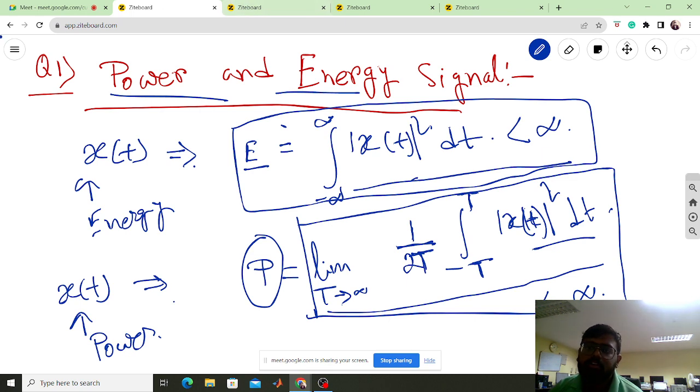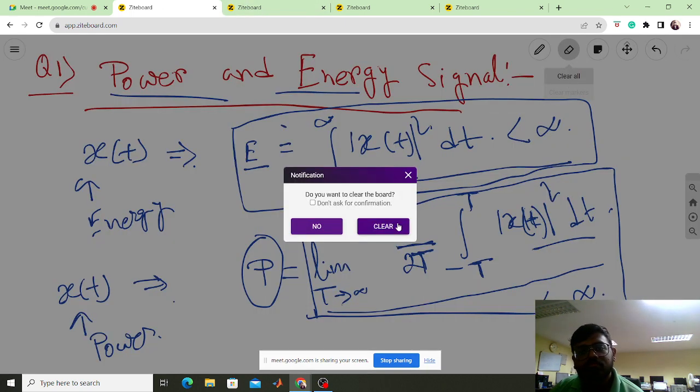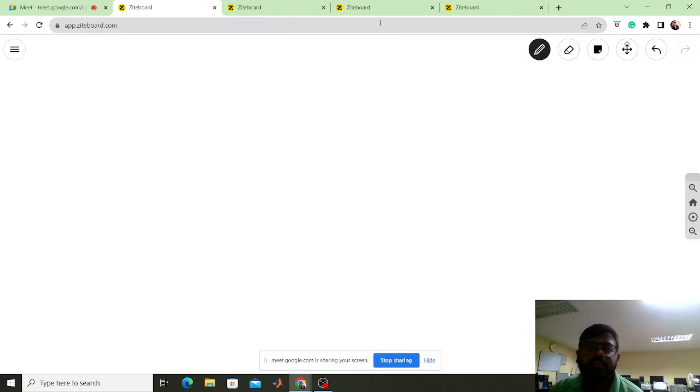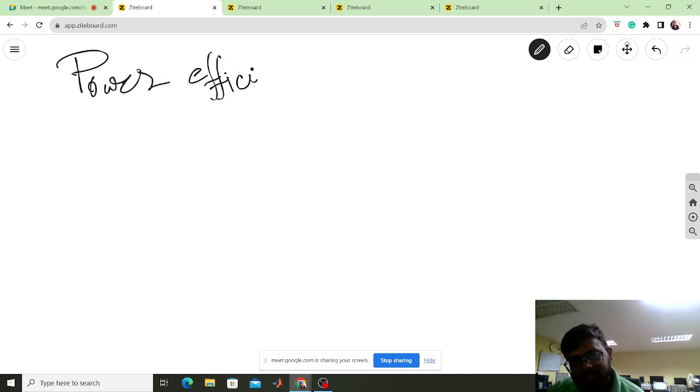Just how to calculate the power efficiency of AM signal, I'm writing this as the question is there also.